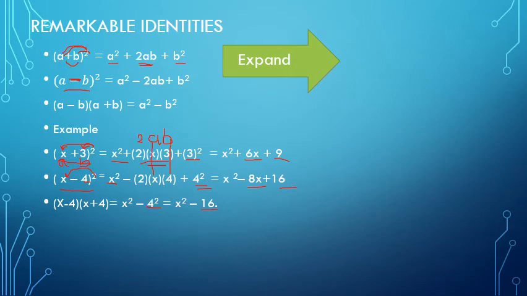If you want to factorize, we go backward in these. So we go this way to factorize. So we have the answer, for example, x squared plus 6x plus 9, it is equal to x plus 3 all squared.